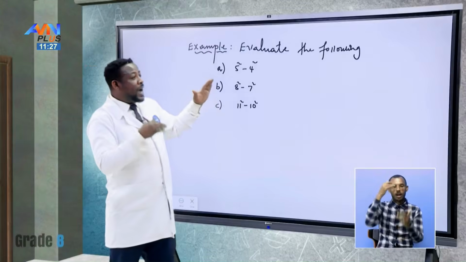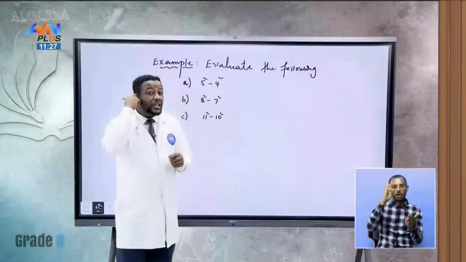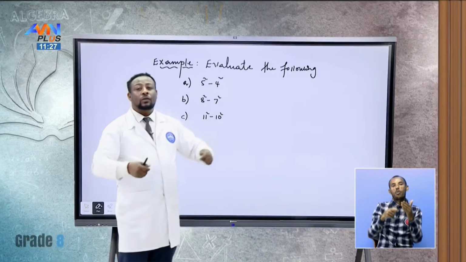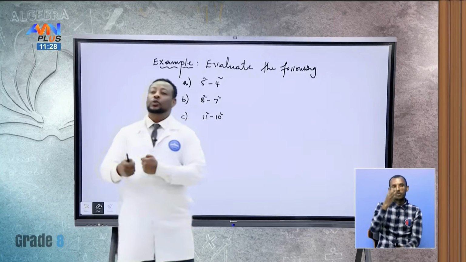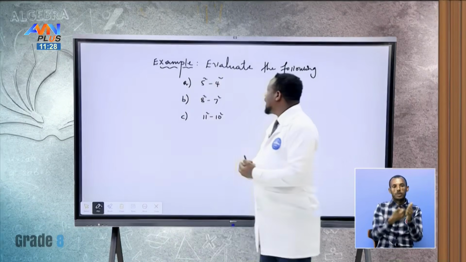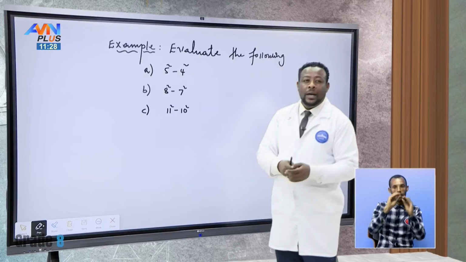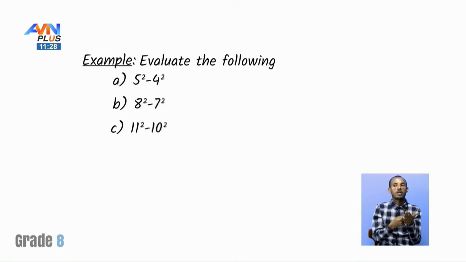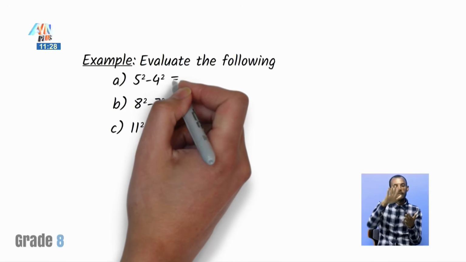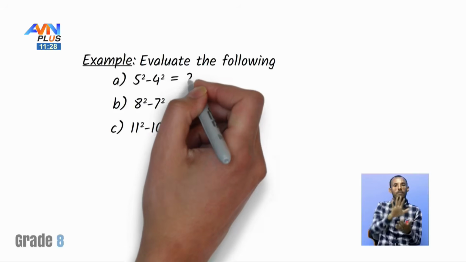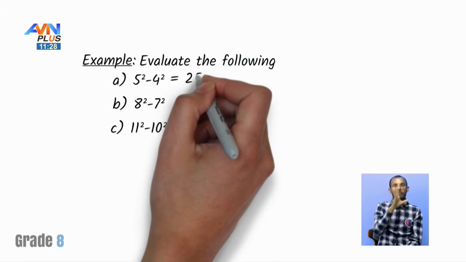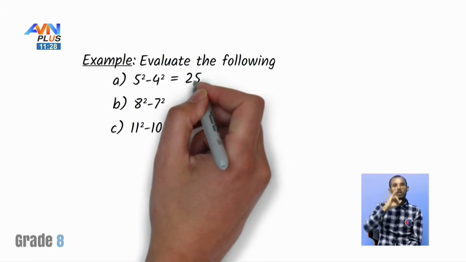Now here, I will show you how you can easily calculate the difference of the squared values of two consecutive natural numbers. Okay, here, as you can see, 5 square is 25, and 4 square is 16, okay?